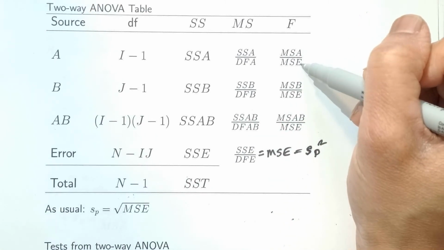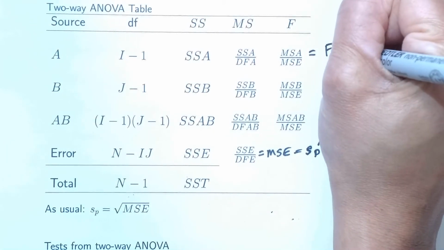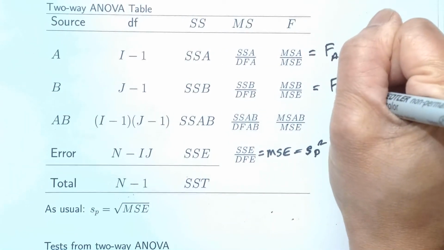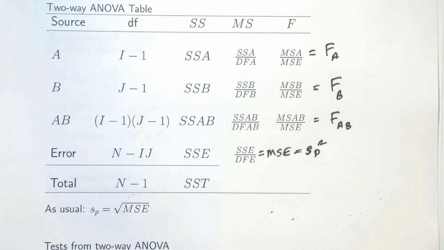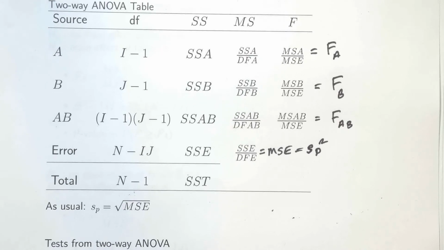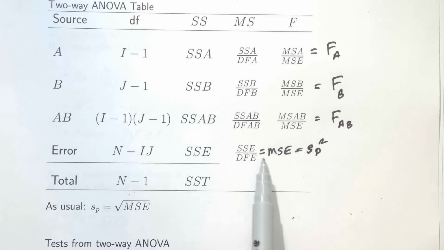So we have MSA over MSE. So this one we might call F sub A, F sub B, F sub AB. And as usual, once we have our ANOVA table, we can take the square root of our MSE, and that's our estimate of the pooled standard deviation.